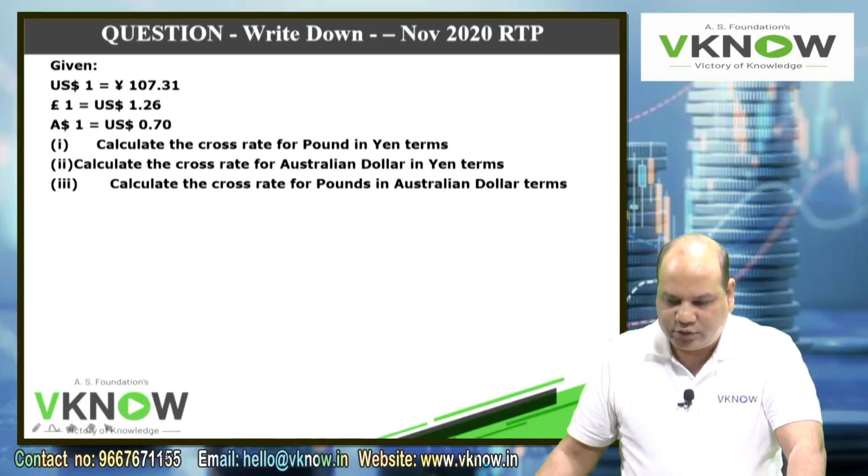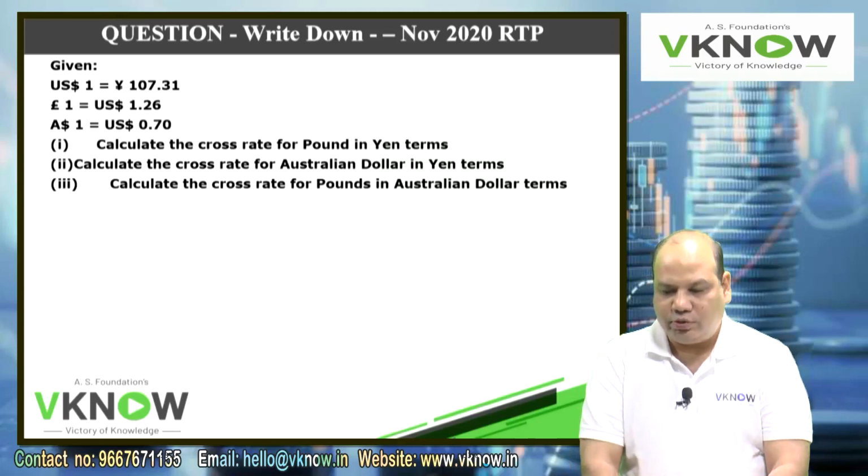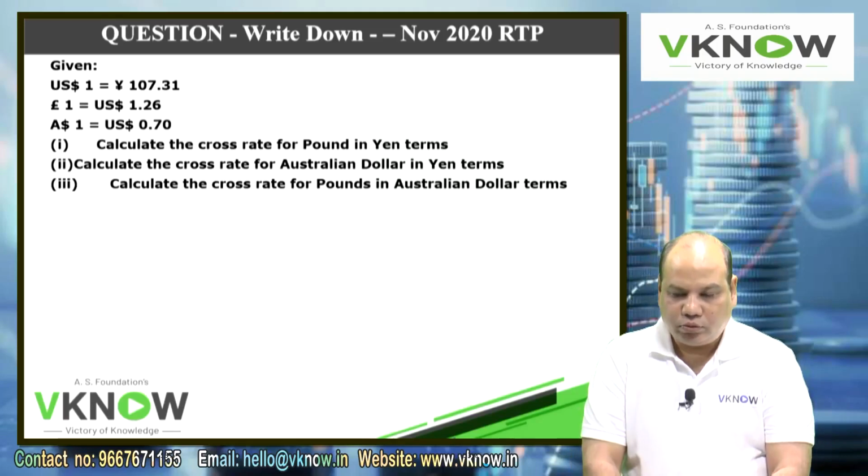Given: US dollar 1 is equal to yen 107.31. Pound 1 is equal to US dollar 1.26.